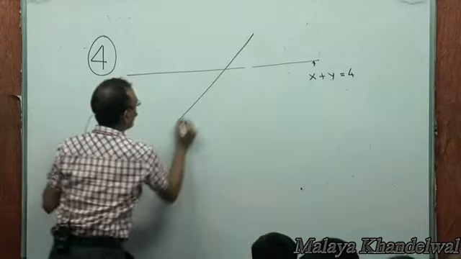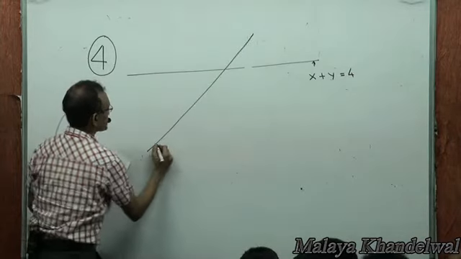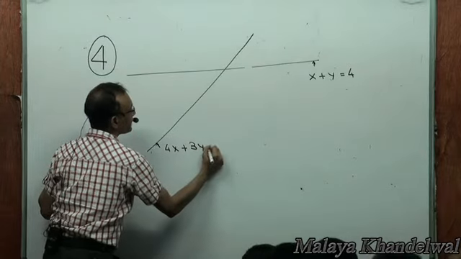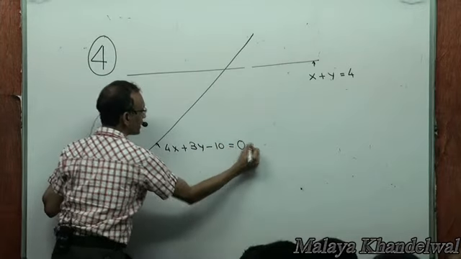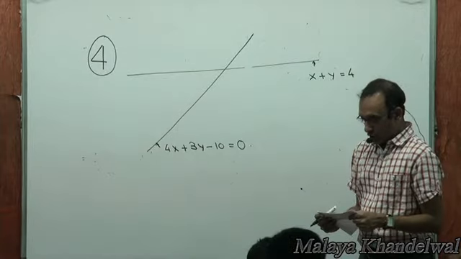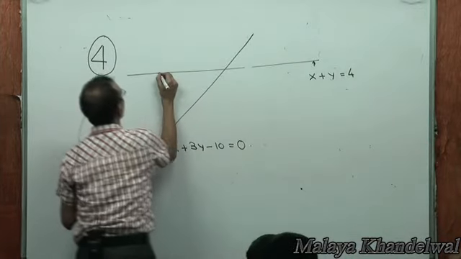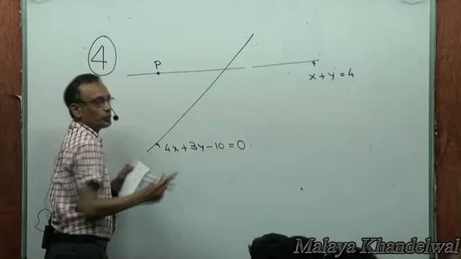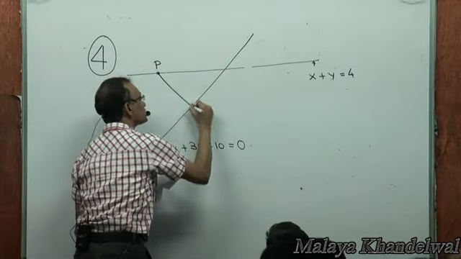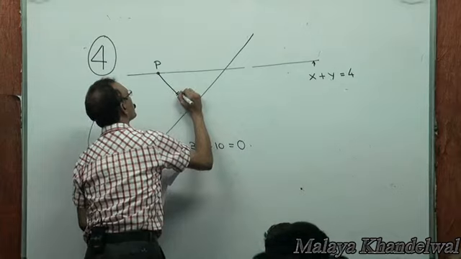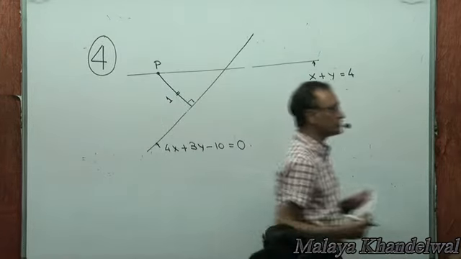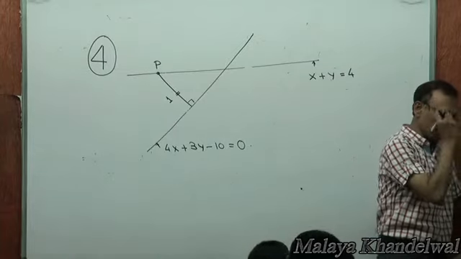And then there is another line, which is 4x plus 3y minus 10 equal to 0. Clear? We want to find the coordinates of all points P on this line that lie at a unit distance from this line. 1 unit from this line. We want to find all P's on this line which are at a unit distance from the other line. Yes or no?